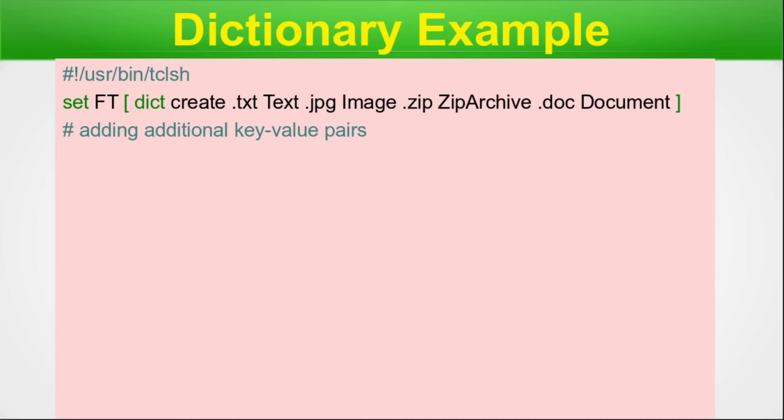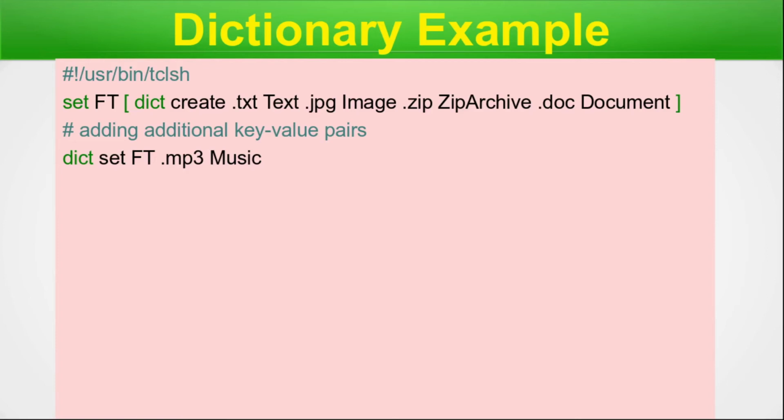And if we want to add more key value pairs, we can do that. So dict set ft. Dict set ft will add another key value pair, that is .mp3 is music. So these are key and value.